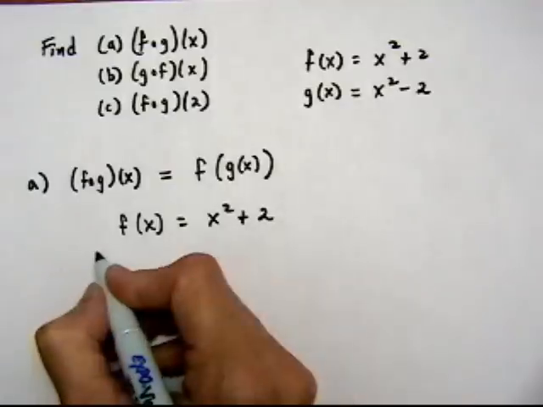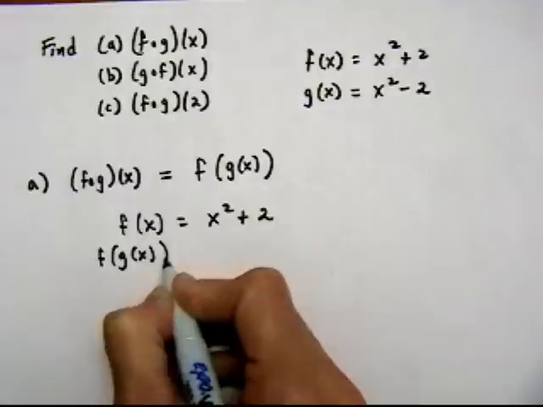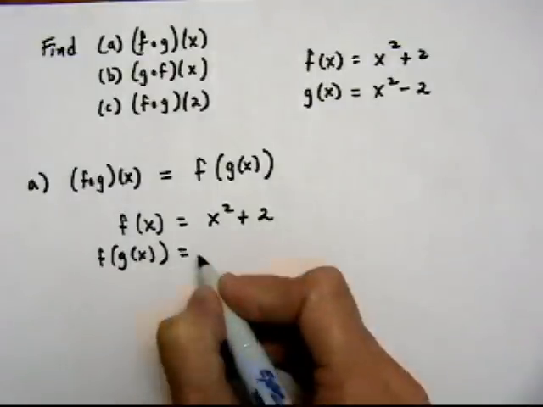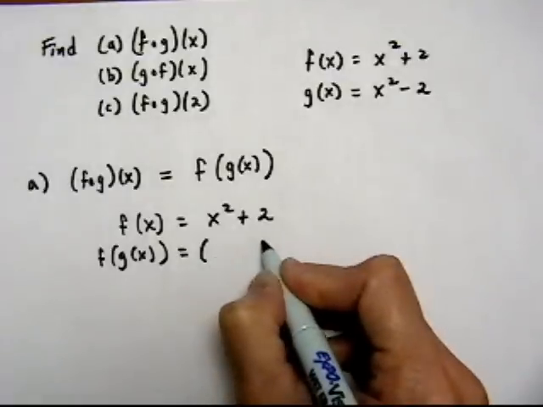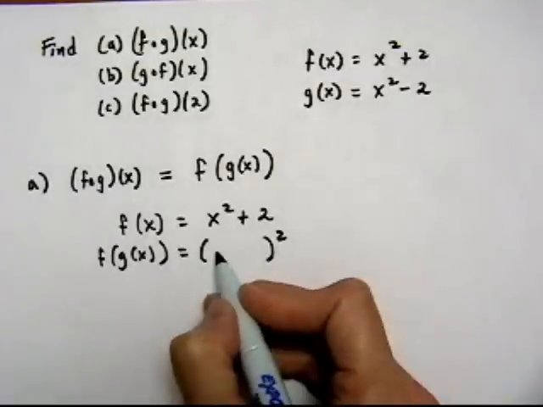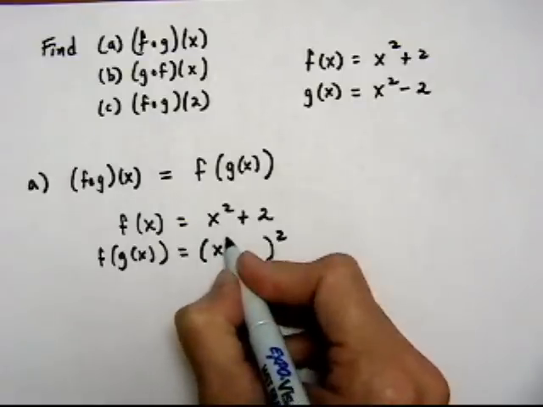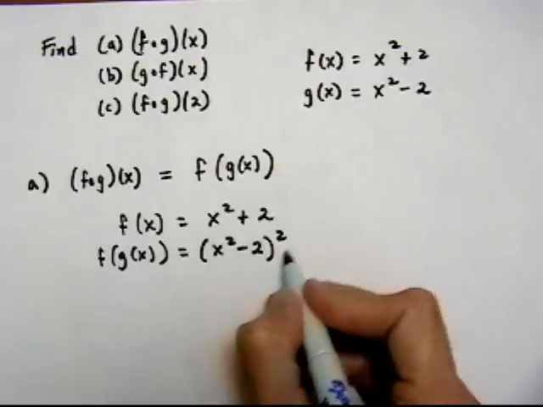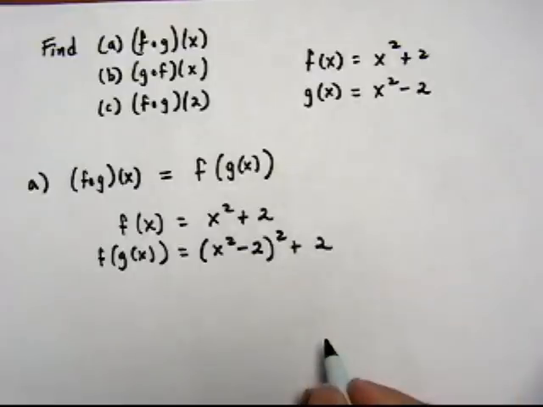And then we're going to replace the x by g of x. So f of g of x equals, replace the x, so this quantity is going to be squared. So we're replacing the x by g of x, and g of x is x squared minus 2, squared, carrying down, and then plus 2.